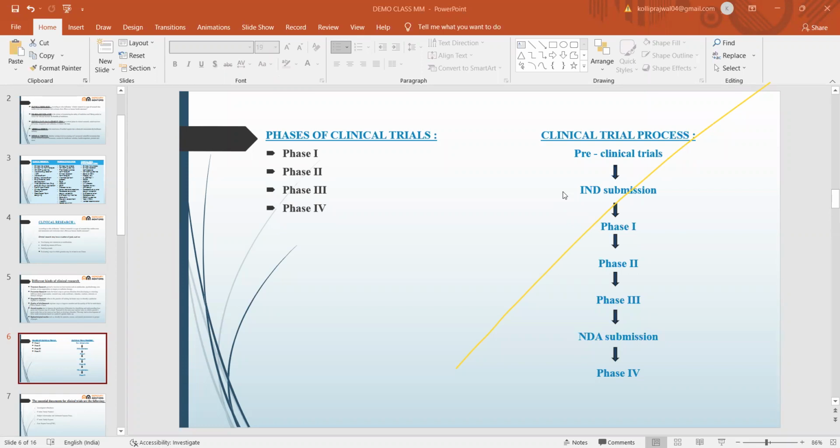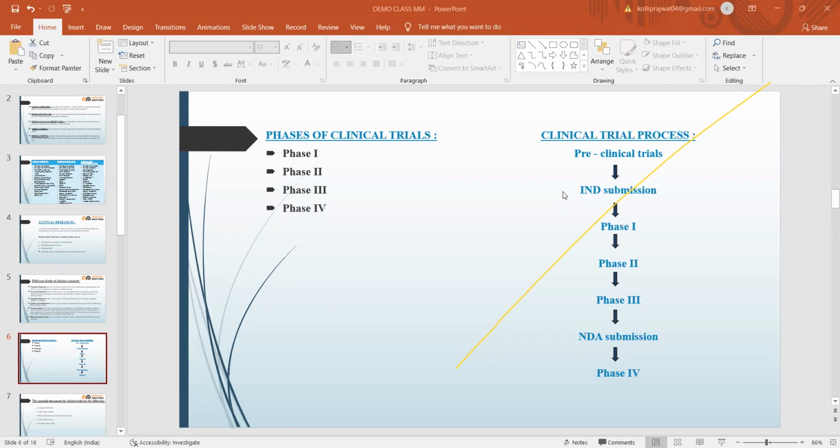Absorption, distribution, metabolism, and excretion. In this ADME pharmacokinetics, there are different types of parameters, like bioavailability and volume of distribution. We will be exploring all those things when we study the basics of pharmacology, so don't worry about that.